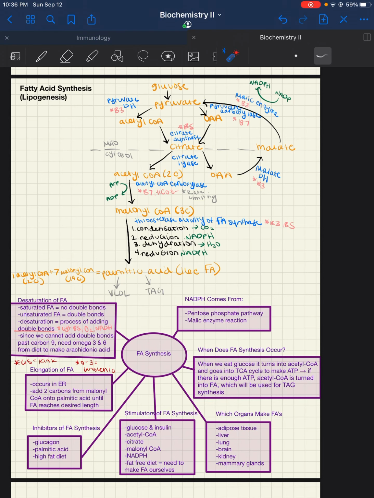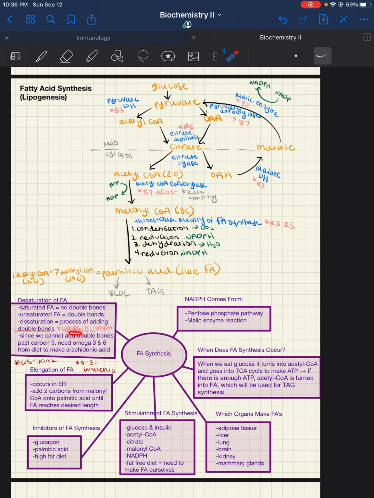Desaturation of fatty acids. So a saturated fatty acid means it's saturated with hydrogens and there's no double bonds. So unsaturated means we stuck in a double bond. And when we unsaturate or desaturate a molecule, we need three things.